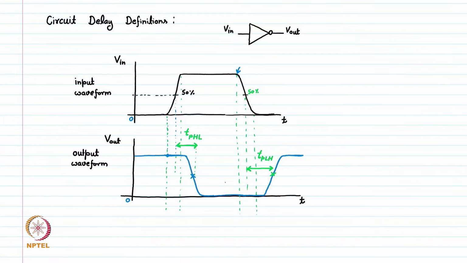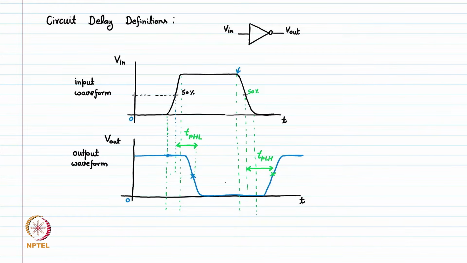The propagation delay while going from low to high for a CMOS inverter. So these are the TPHL and TPLH. These are two different delays which are called propagation delays of a CMOS inverter.